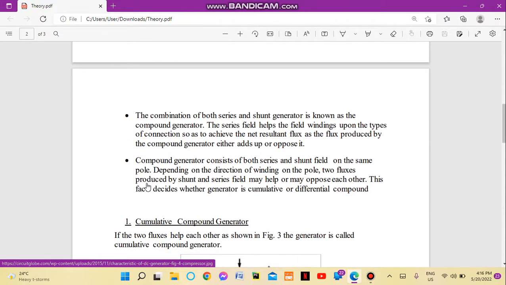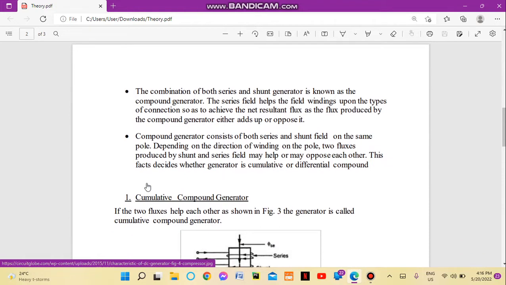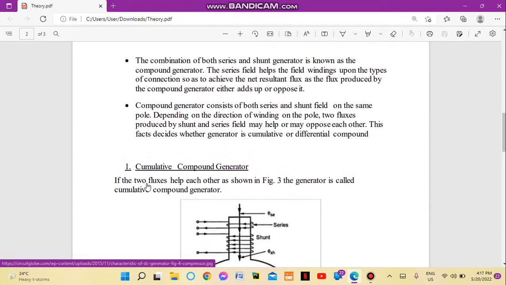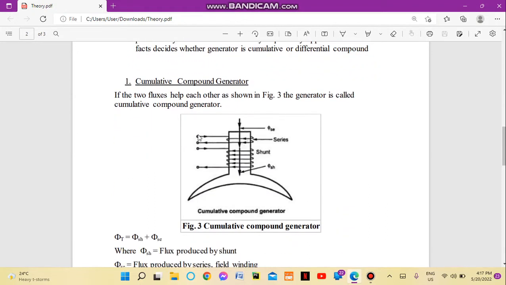Furthermore, we will look into the types of compound generator. There are two types of compound generator, cumulative and differential. As we all know, in a compound DC generator there are both series and shunt field windings. These field windings are wound around the same pole.